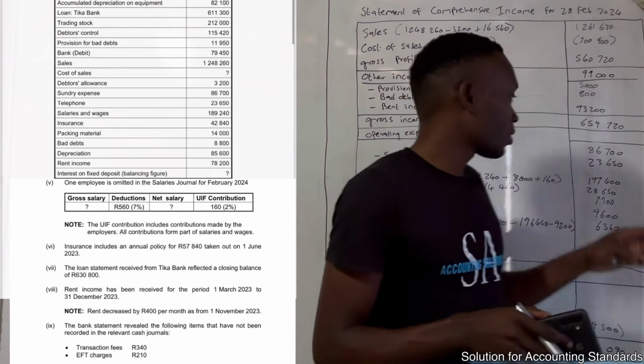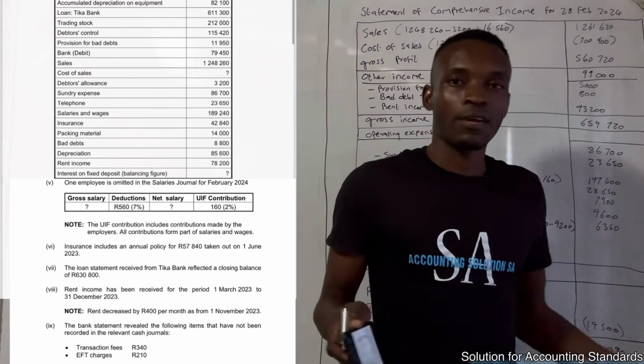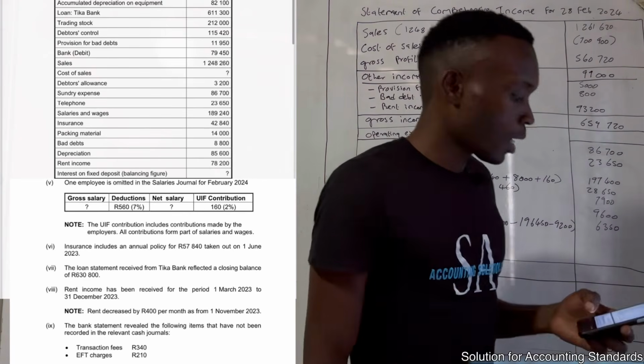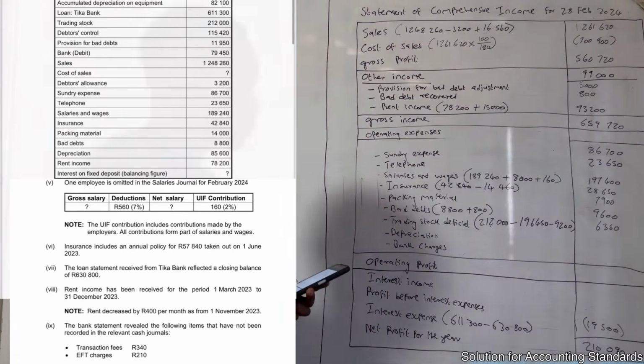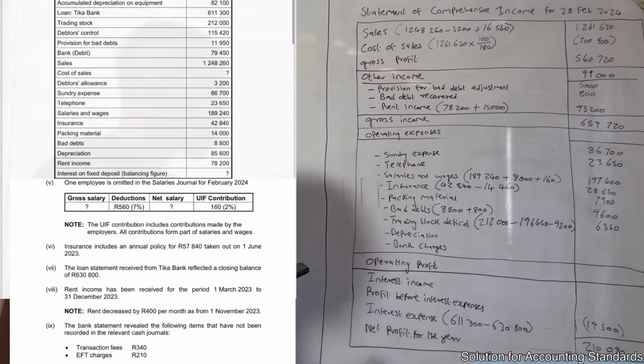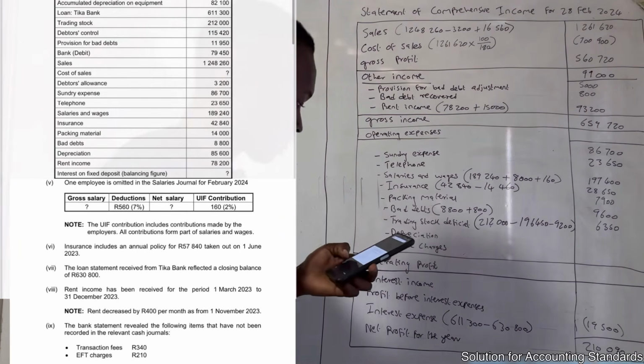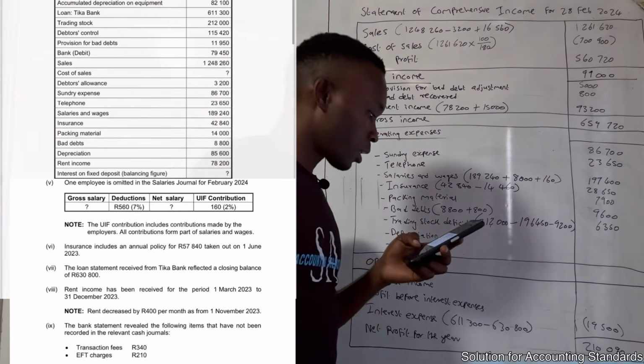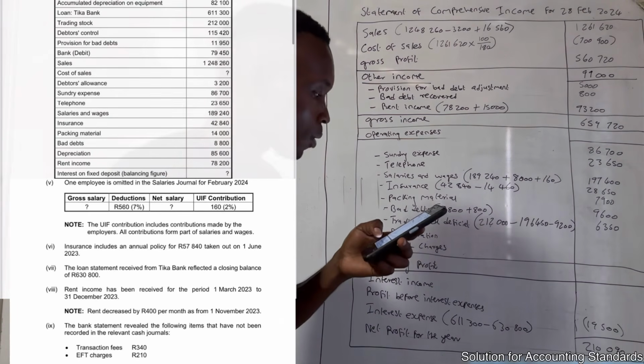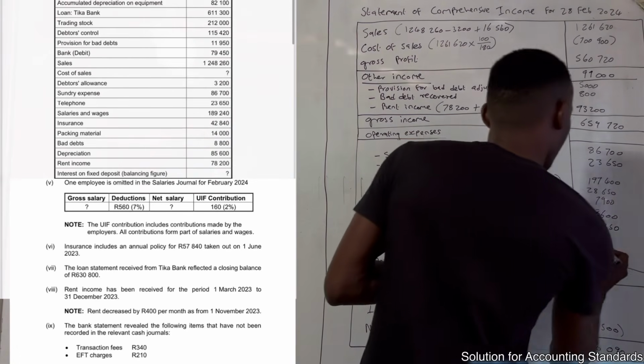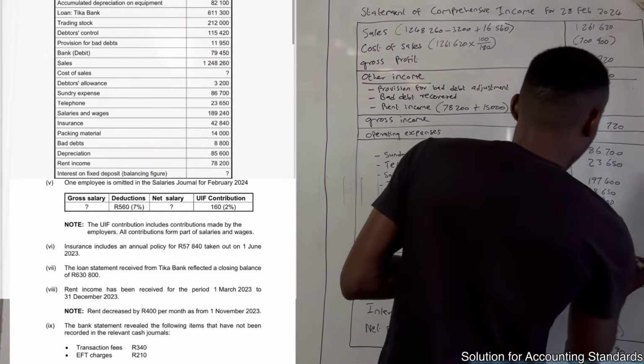You can see there is a lot of calculation. I can't verify everything. You have to do it as a student. All right, depreciation, I think we have it on our trial balance, is 85,600. It was given, there was no need to calculate anything.